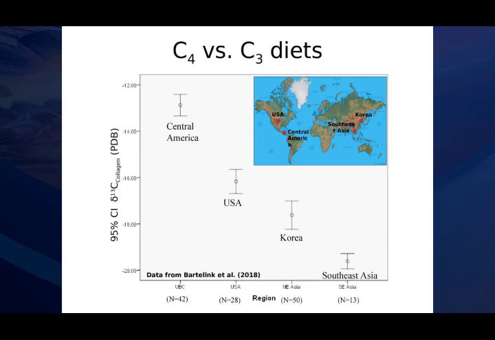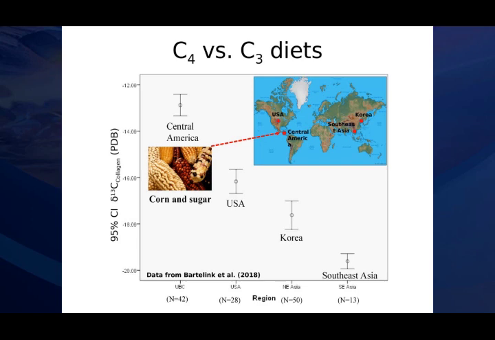So applying this to undocumented border crossers, we have found that individuals that are from Central America and Mexico have very strong or very high carbon isotope values, much higher than the United States. And so this is a strong contribution primarily from corn or maize products, and also some from sugar.